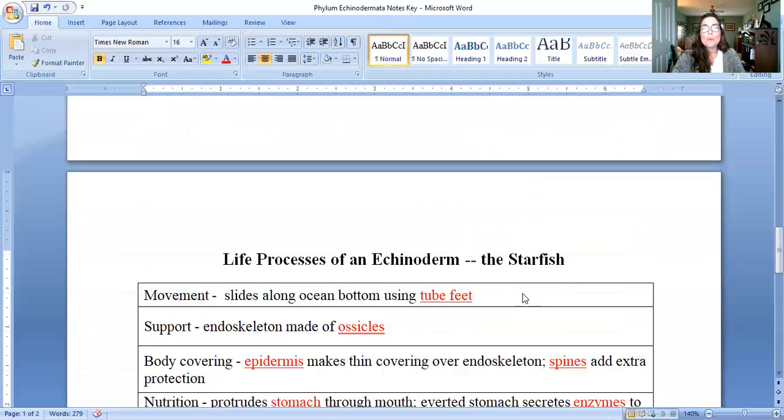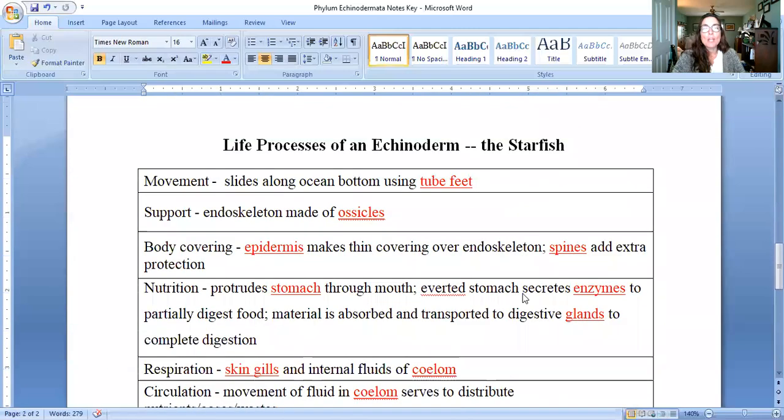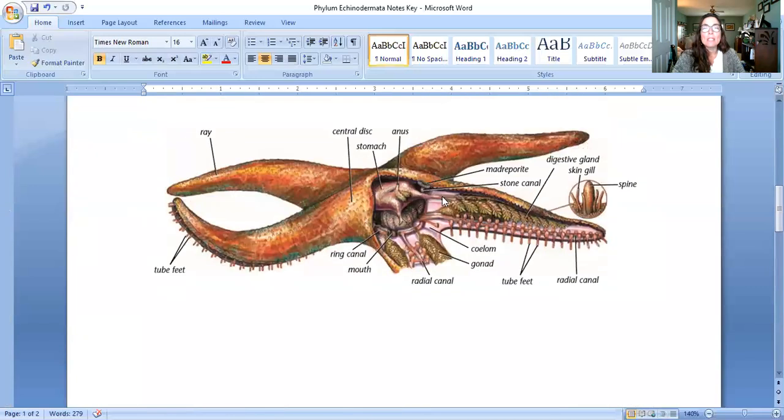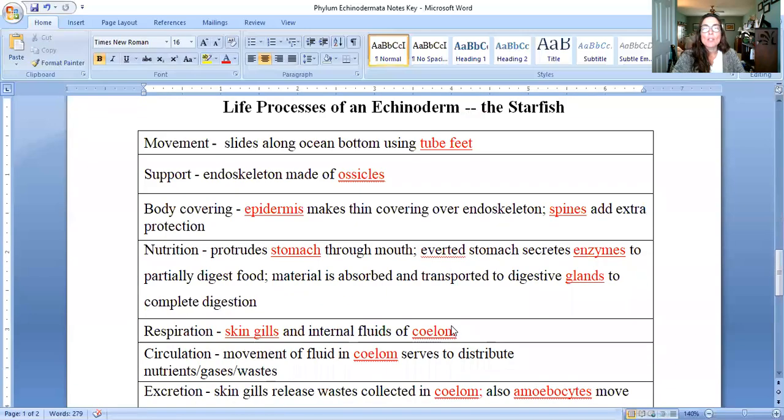Those are not shown in the diagram. The body covering is an epidermis. It's just a very thin layer of skin, as I was saying, that covers over the endoskeleton. And some have these spines that you can see. Here's a blow up here, little spines that stick through the skin from the endoskeleton for extra protection.